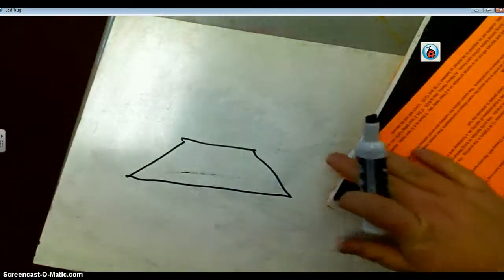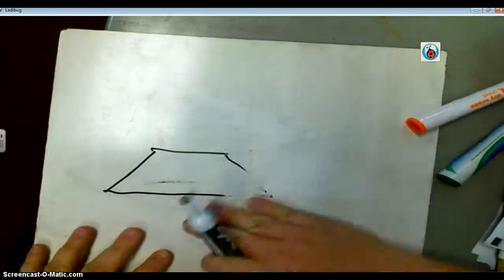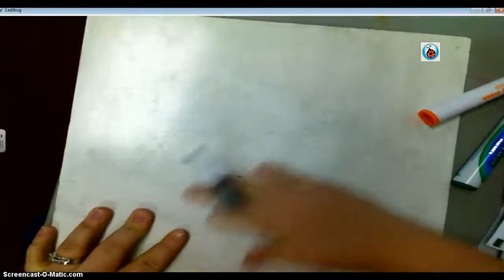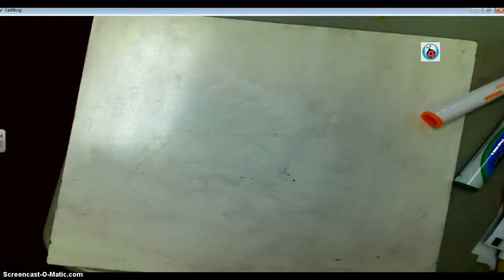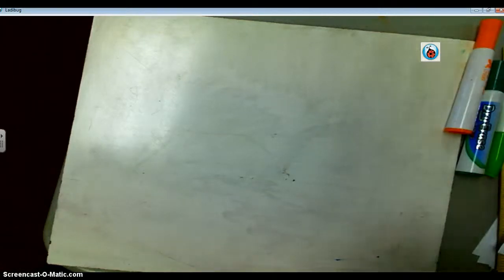Oh, it has two parallel sides. Nope. Okay, so you're telling me that's not a parallelogram. So what do you need to add or change about your definition? Give me that. That's what I wanted actually.